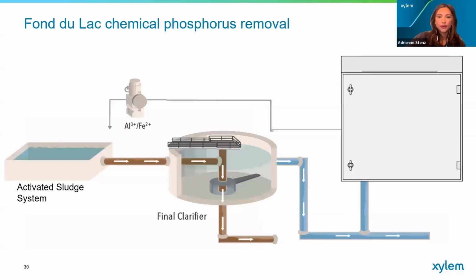Now, prior to implementing the EBPR system, Fond du Lac did chemical phosphorus removal using an orthophosphate analyzer located at the effluent of their facility, same as Economilloc's setup. However, they didn't like this because it introduced a 3 to 4 hour lag from where the PO4 analyzer was reading and where chemicals were dosed.